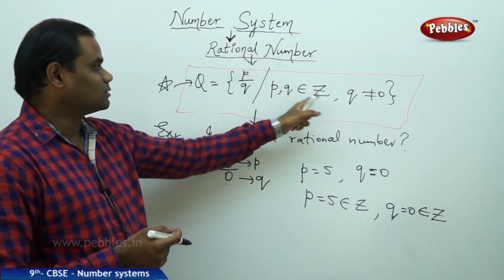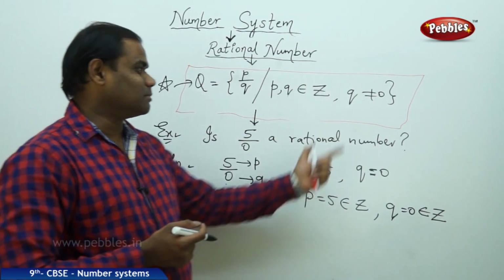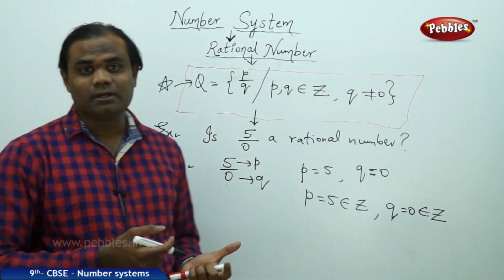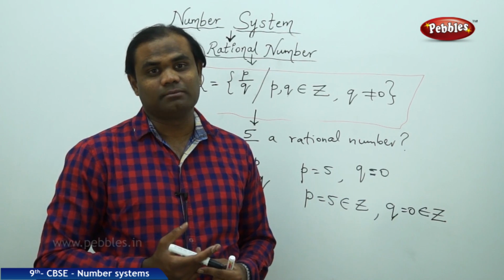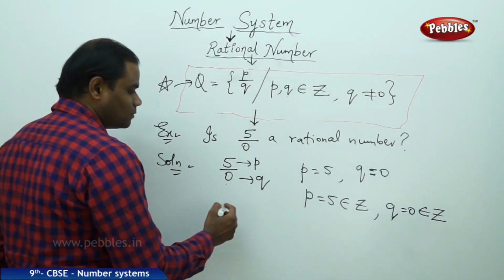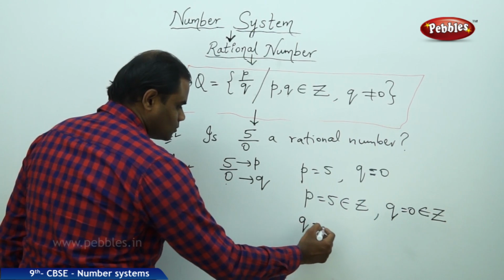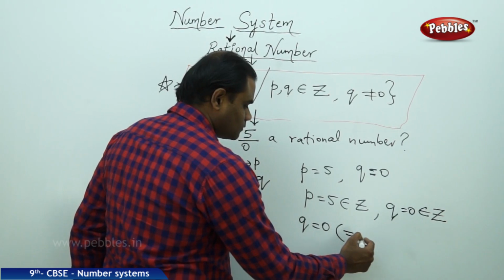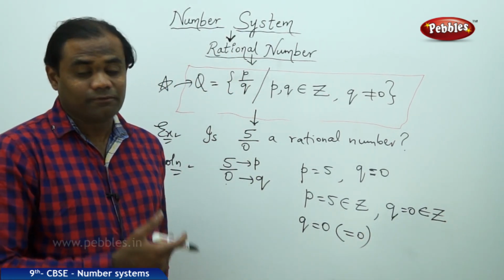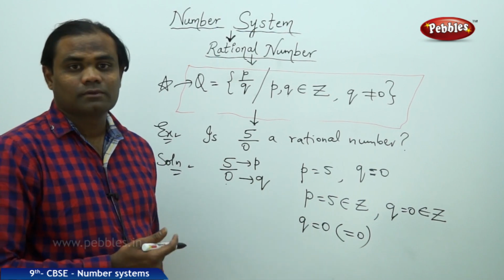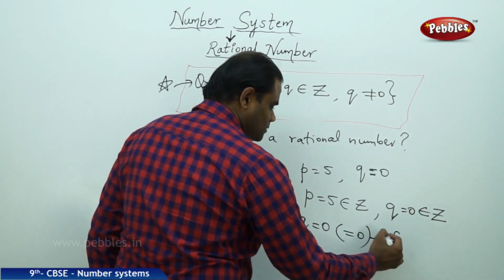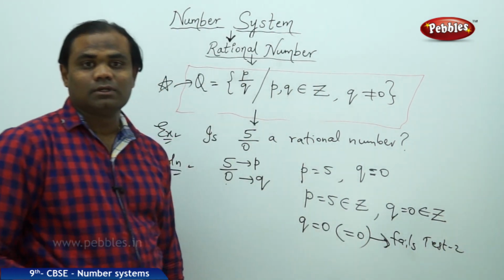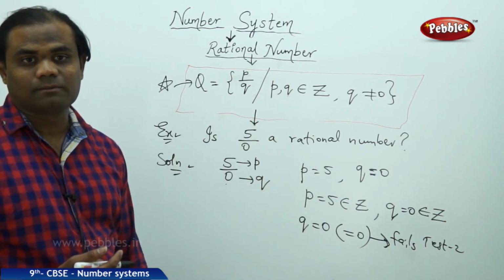Now let's see test number 2, which also needs to be passed before we can justify 5 by 0 to be a rational number or not. Test number 2 says Q should not be equal to 0, but I clearly have Q equal to 0, and therefore it fails test number 2, and so it cannot be a rational number.